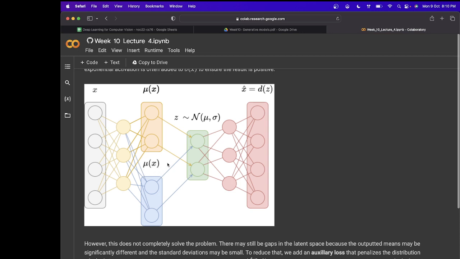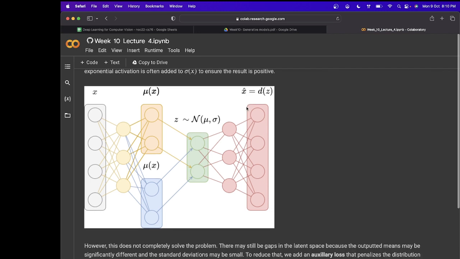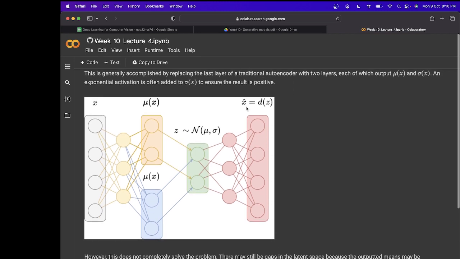This mu should be sigma, so that is a typo sort of. So you are predicting these two, sampling z from a normal distribution with these two as the parameters, and from this z you are getting your X hat back. That is the only difference with the actual autoencoder.